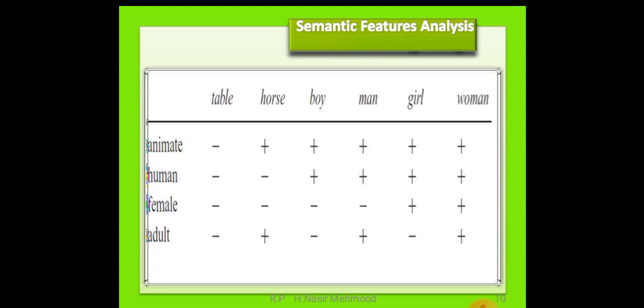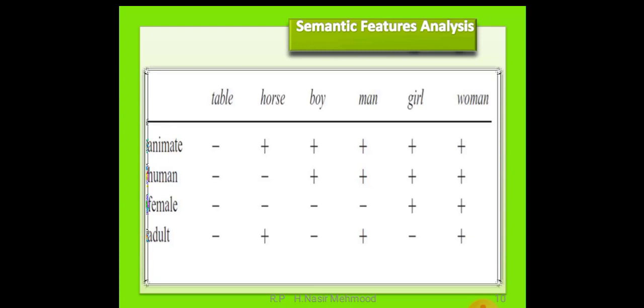For example, we are going to analyze the semantic features of table. Either table is animate or inanimate. Of course, table is inanimate, so this characteristic is not present, and we mark it with a minus. Again, human: table is inhuman, so a negative mark.